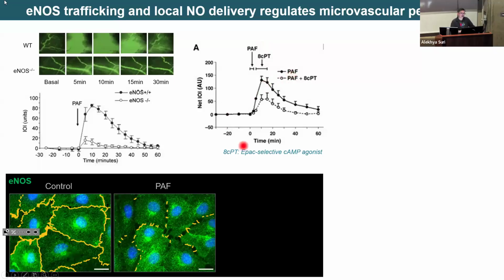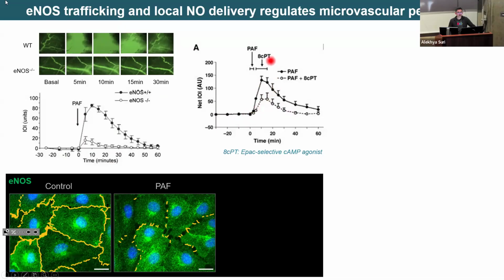And you can see that, in this particular graph, the closed circles still represent PAF alone. So permeability increases and then decreases, just like in the previous experiment. But when you put ATPT on the animal, right after putting PAF, the permeability response is blunted, right?